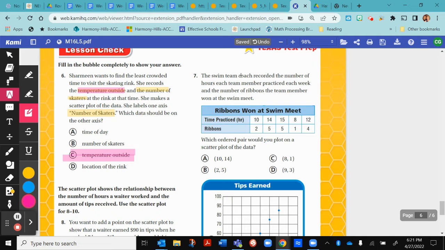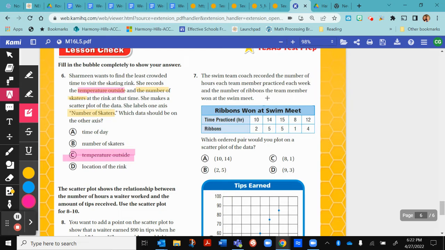Let's look at number 7. The swim team coach recorded the number of hours each team member practiced each week and the number of ribbons the team member won at the swim meet. So here's the plot. Ribbons won at swim meet. Sorry about that. Time practiced. So if they practiced 10 hours, they won 2 ribbons. If they practiced 14 hours, 5 ribbons won.